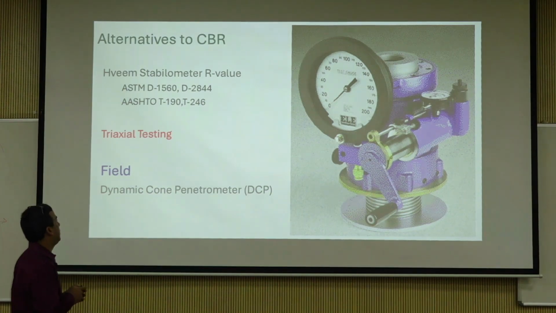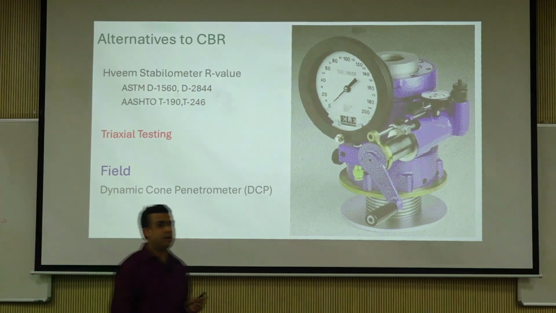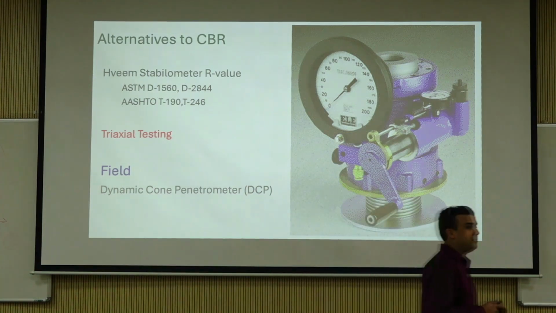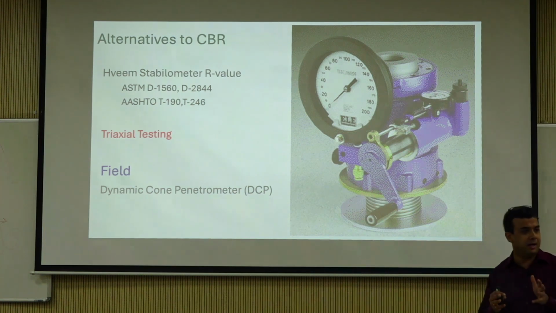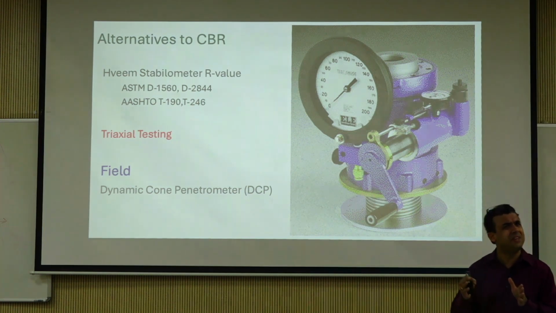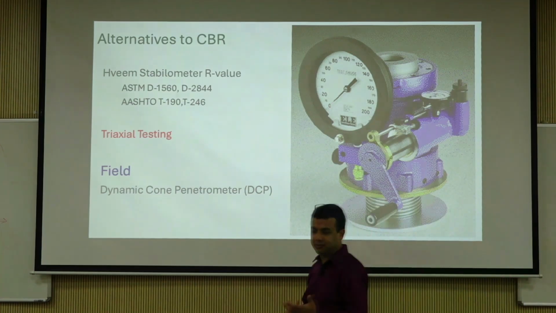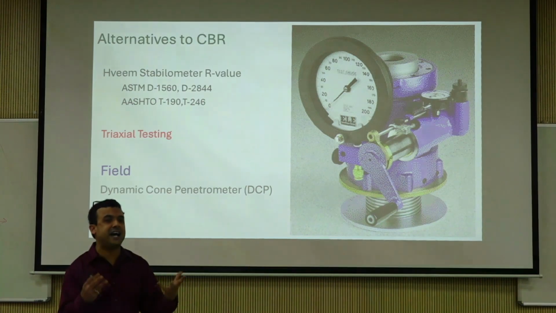Alternatives. The first one we're going to talk about is the Hveem stabilometer. There is a gentleman called Hveem. I think his name is HC Hveem or RC Hveem, I don't remember his exact name. He was another engineer working in California. He came up with mix design methods for asphalt.